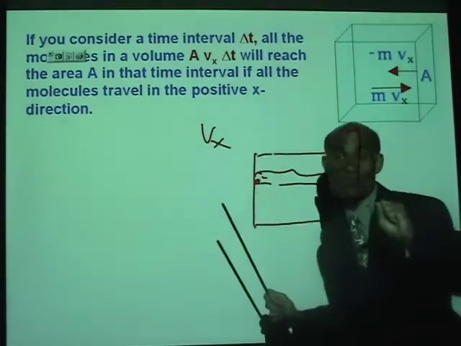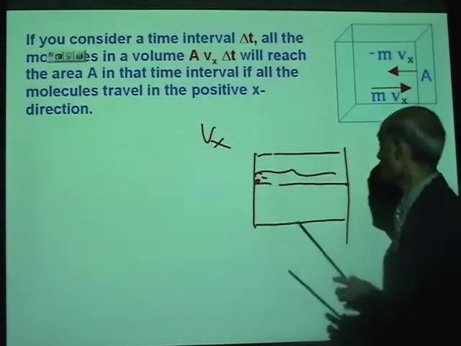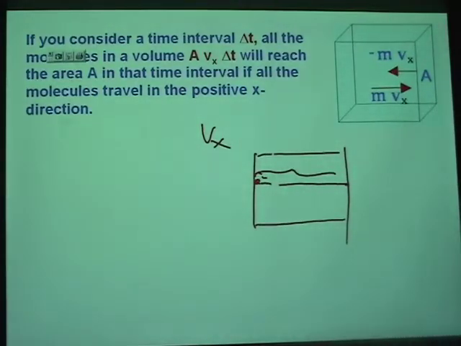But we are not taking 1 second, we are taking a small interval delta t. Therefore, if this is the small interval delta t, then all the molecules in this volume will reach the wall in that interval.